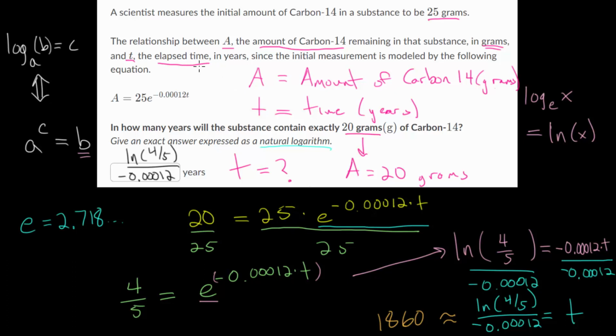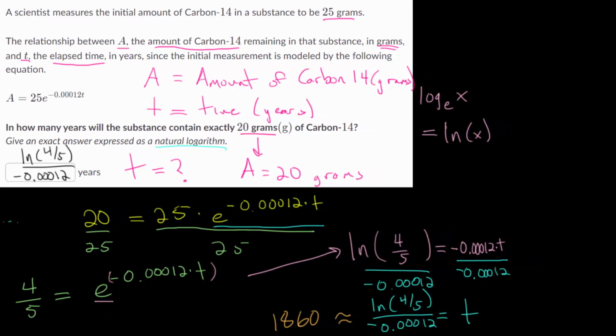Since this is an equation, we do have a way to check this. We figured out what we think is the correct number of years to get exactly 20 grams of carbon. If we put in a t value of 1860, the approximate answer, we should get back an amount of roughly 20 grams. It's not going to be exact because this is not exact, but we can get a rough idea.